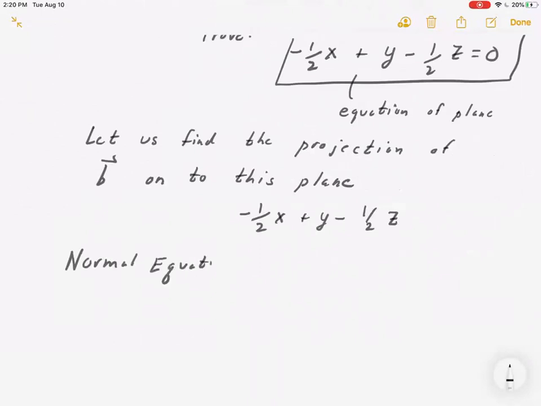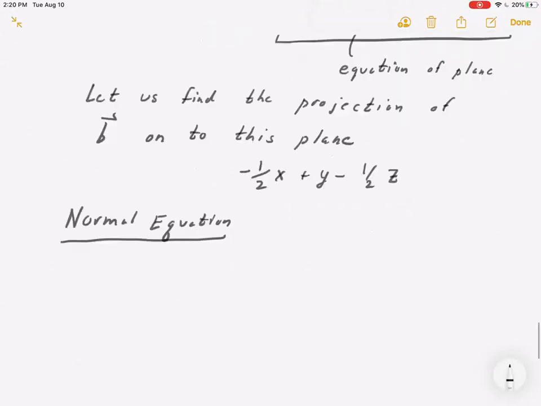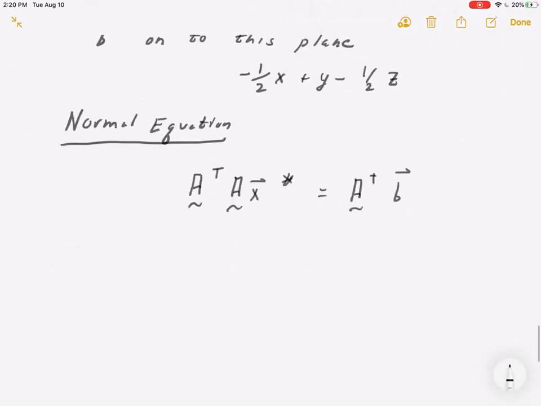Well, we showed, as a review today, and we showed last week, that the equation that you're going to need is the normal equation. And let's call that equation star.